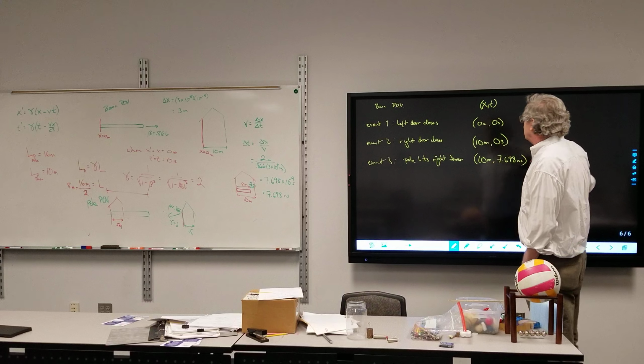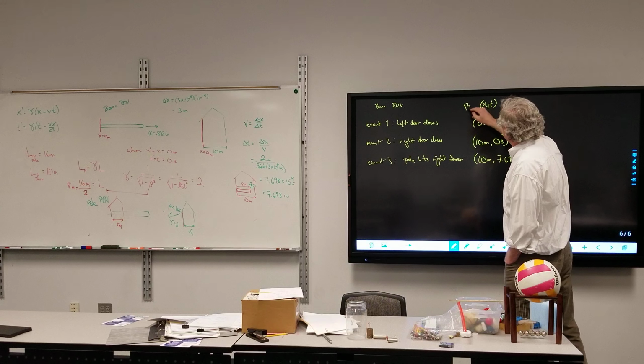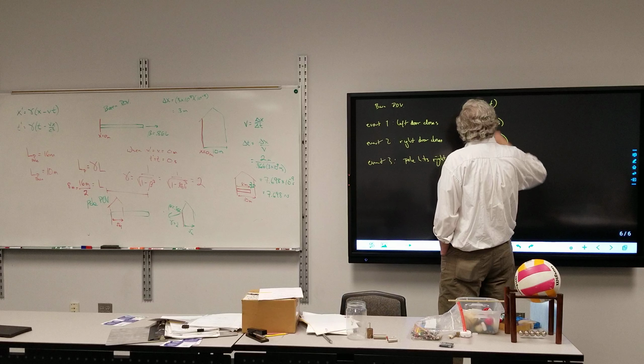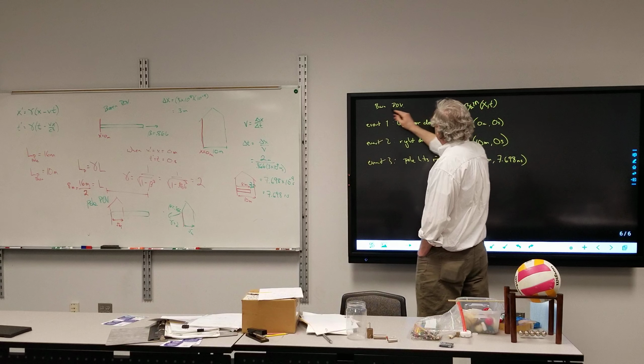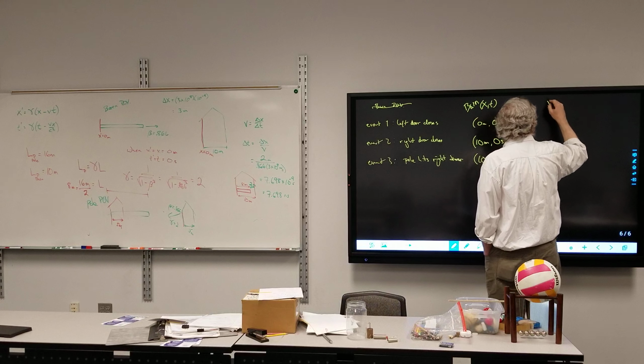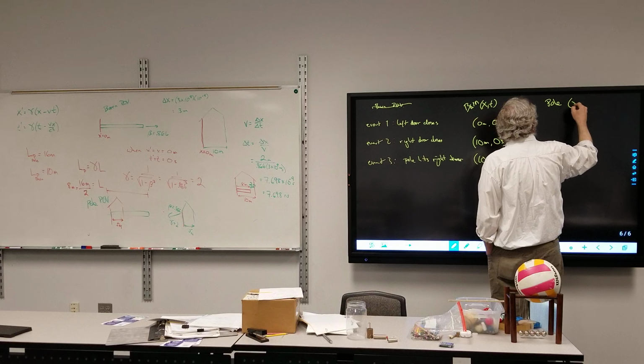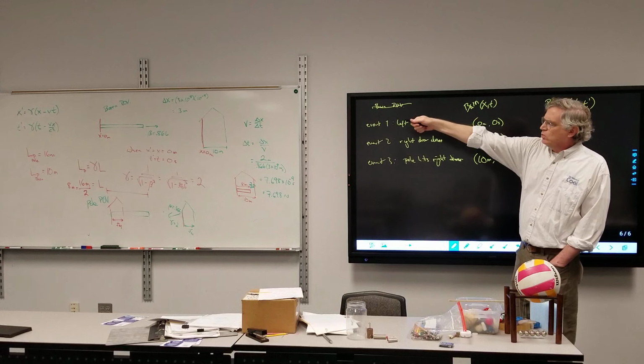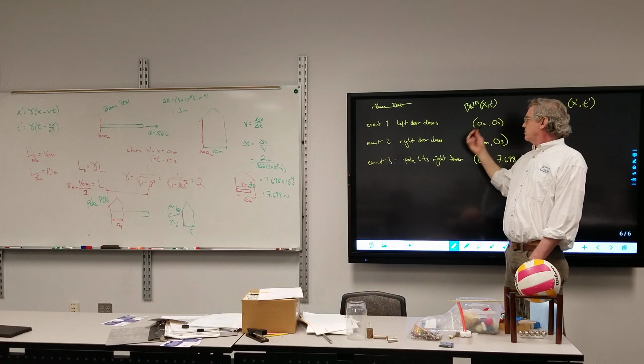Define the position. So this is barn, that's probably where I should have written barn, and then pole, X prime, T prime. So I'm going to take my 2 Lorentz equations over there and just plug this in.